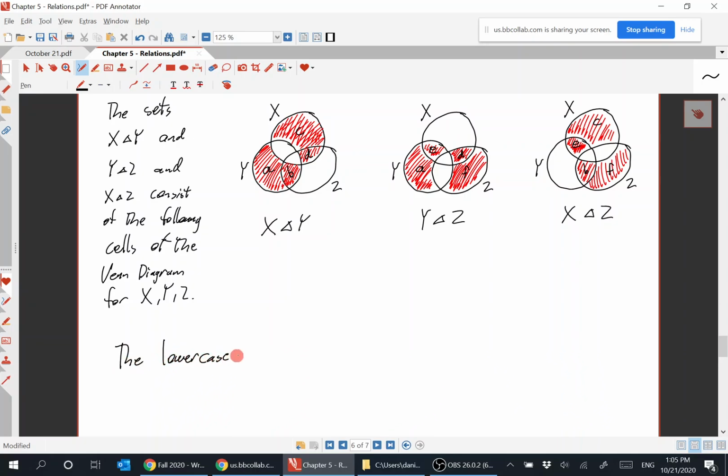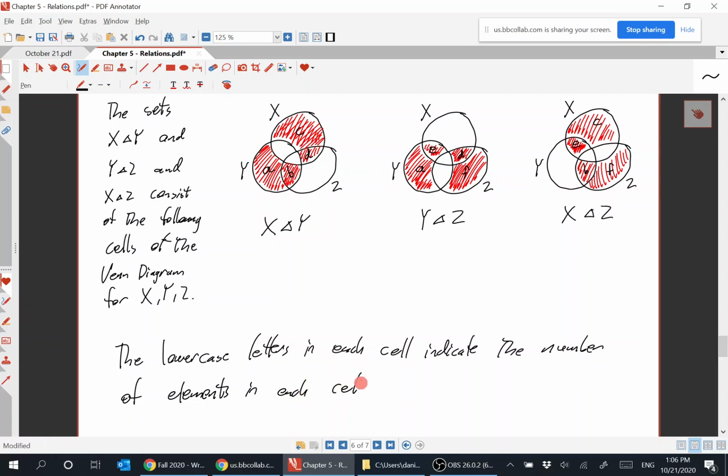So the lowercase letters in each cell indicate the number of elements in each cell.